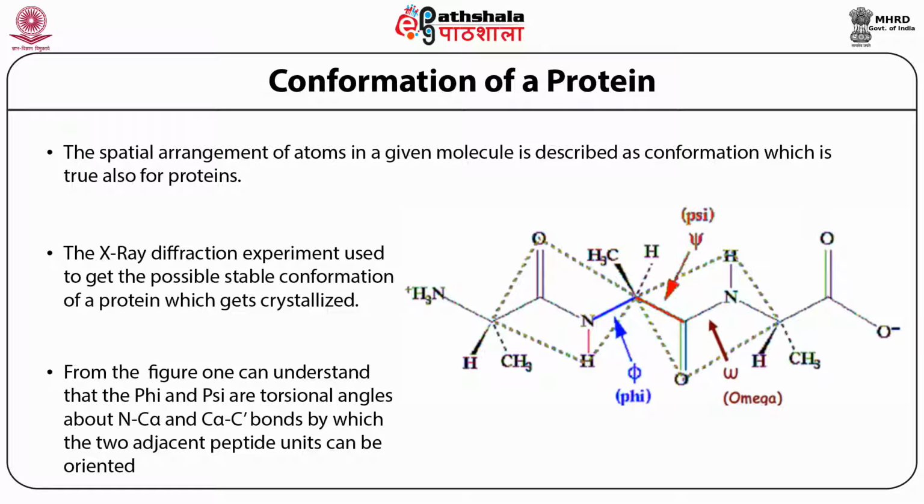These four atoms lie in a plane, so the peptide unit is planar. Take the middle carbon, which is connected on this side to N and on that side to C double bond O. So with respect to the central carbon atom, we have two peptide units, one this side, one that side. These two are represented as planes.